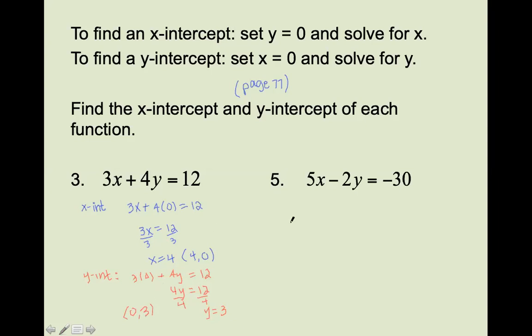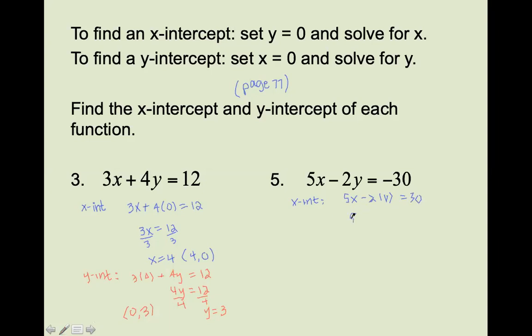All right, we're going to do the same thing on number 5. I'll switch back so I'm consistent with my color here. I'll go back to the blue for x-intercept. So again, for x-intercept, you're putting in 0 for y and solving for x. So 5x minus 2 times 0 equals 30. 2 times 0 is 0.